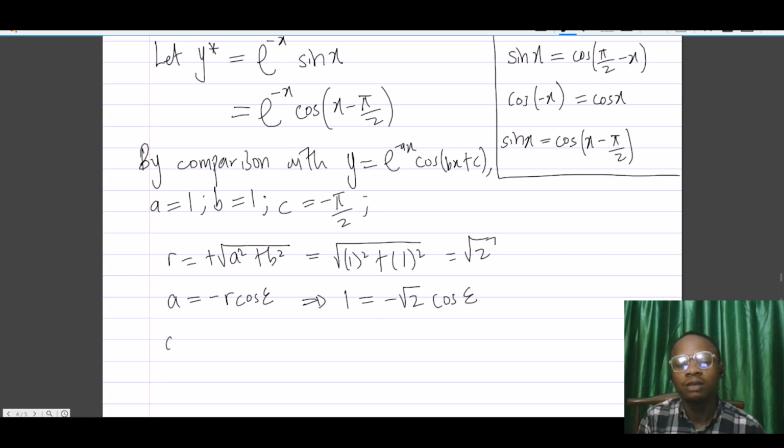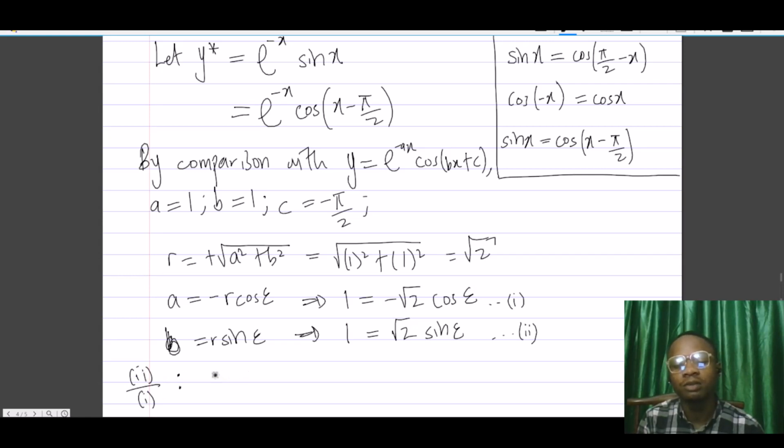And we also know that b is equal to r sine epsilon. That means b, which is 1, is equal to r, which is root 2, multiplied by sine epsilon. So if we divide both sides of these two equations, let's say this is equation 1 and equation 2, we divide equation 2 by equation 1.